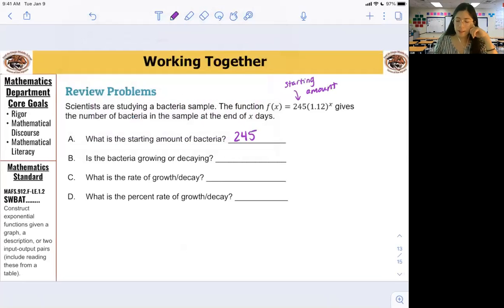Is this bacteria growing or decaying? Growing. Good. How can you always tell? It's more than 1. So this is greater than 1, so it's growth.